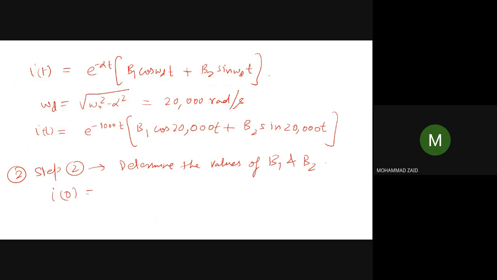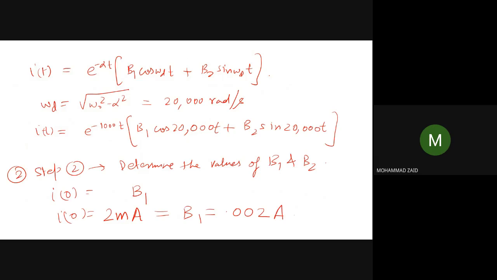So for the initial condition, we know that I naught will be equal to the B1 value, by putting time 0. I0 is already given in the circuit, and it is equal to 2 milliampere. So B1 has a value of 0.002 ampere. Okay, it is fine.